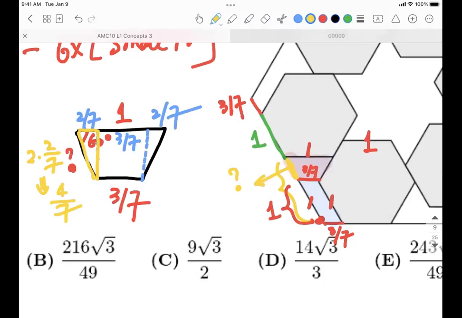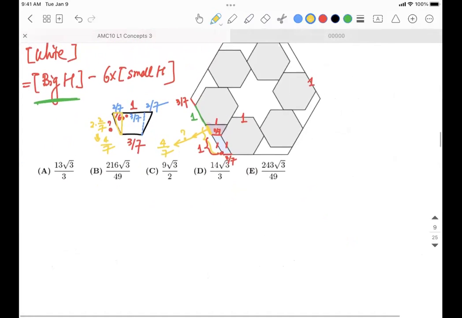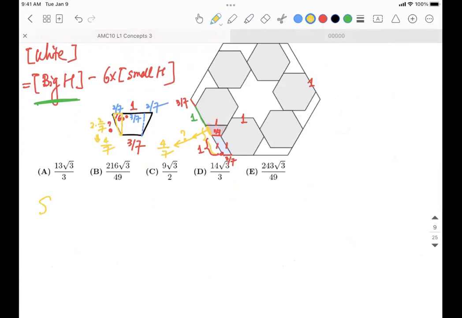Is that right? So this part is going to be 4/7. So easy, right? Therefore, the side of the big hexagon will be 3/7 plus 1 plus 4/7 plus 1. And the answer is going to be 3.